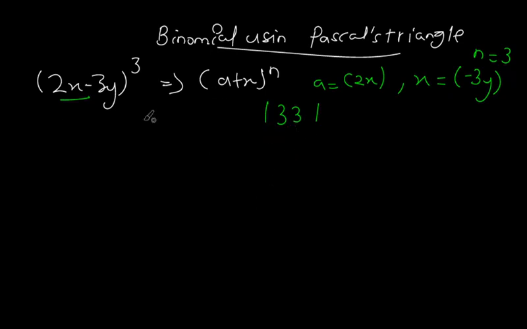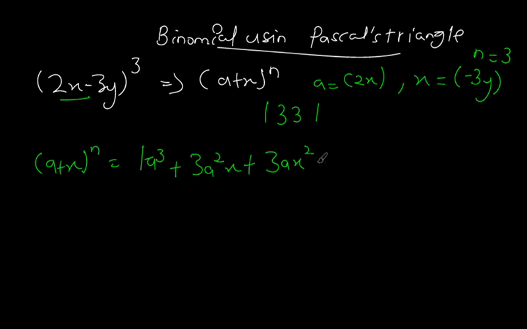So it means for the general expansion a plus x raised to the power n, what we are going to get is, for the binomial having the power 3, we will have 1a power 3 plus 3a square x, then plus another 3a x square, then plus 1 x cube. So all we have to do from here straight is to put the value of a and x into this expansion, and then we get our answer.